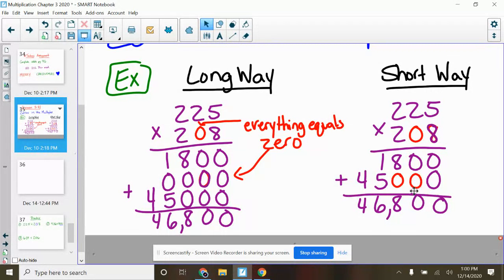So to save myself some work, I added my 0 here, since all of these are going to end up being 0, and then I put another 0 here. Those two zeros eliminated this step, and started my work into the next step.